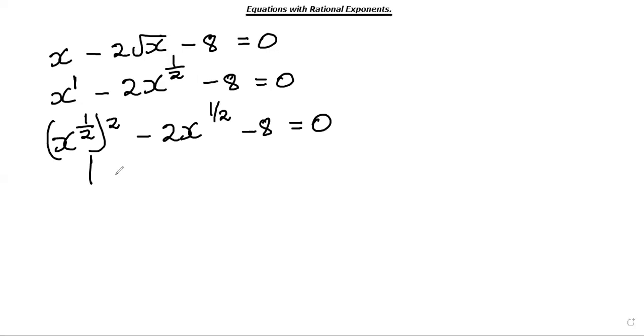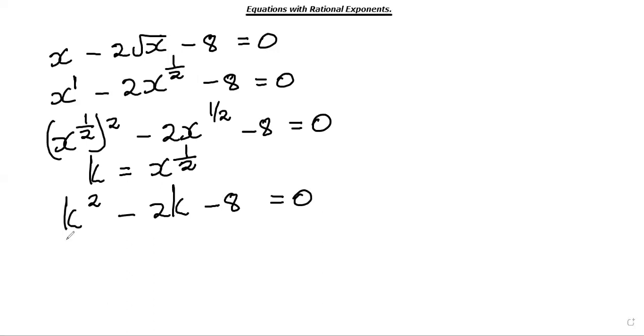Then once again, we use the k substitution method. So we say, let's allow k to be x to the half. So this is going to be k squared minus 2k, then you say minus 8 like this. Then we go on and factorize here. So we say factors of 8 that add up to 2.